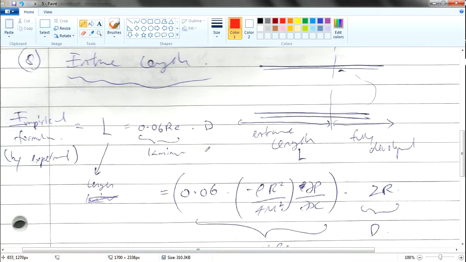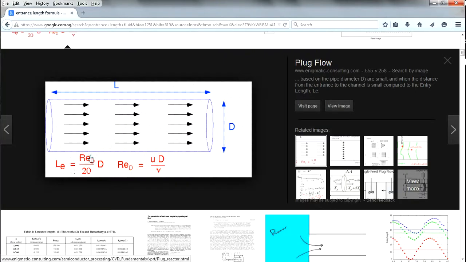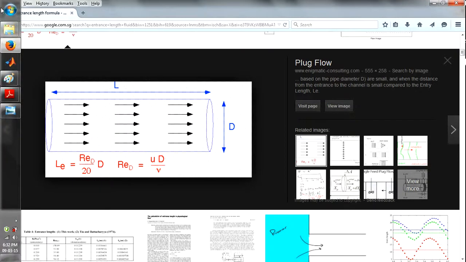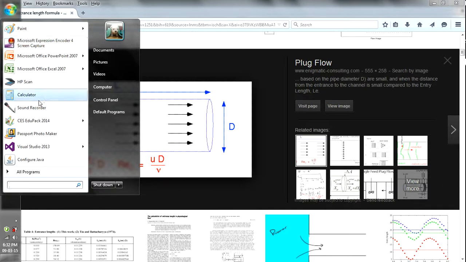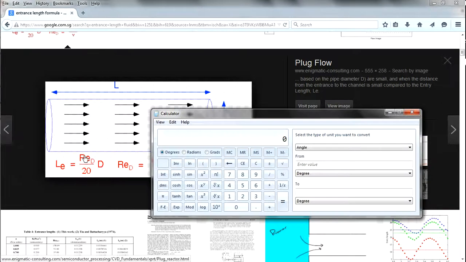Okay, so entrance length. How do we calculate it? The entrance length is calculated using this formula, which is the Reynolds number divided by 20 times the diameter. Okay, so if you look at it, Reynolds number divided by 20, anything divided by 20, is how much? Let's say 1 times 1 divided by 20. Why do I do so? Well, 1 divided by 20 times Re is also Re divided by 20. You get what I mean?